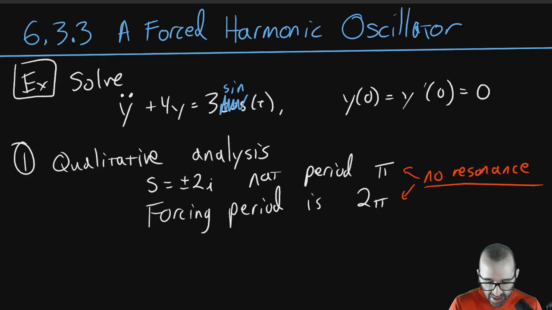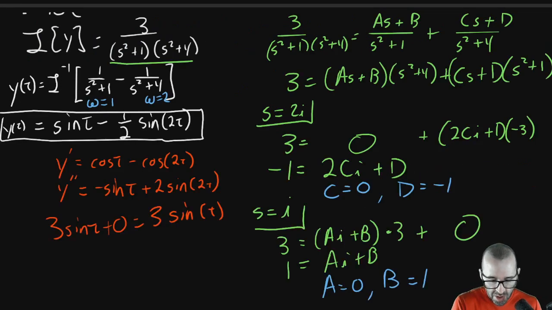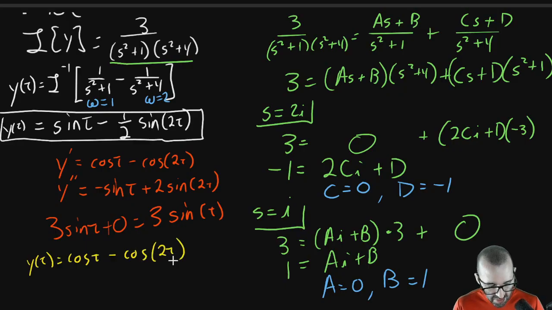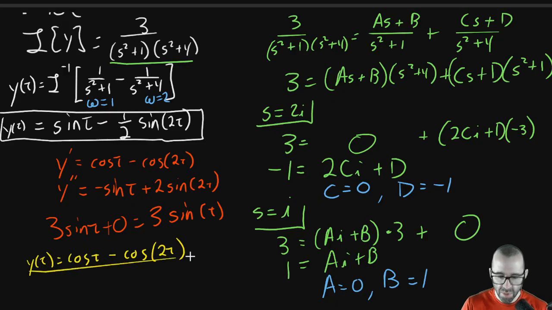In fact, the original answer, if you did do the problem by yourself, the original answer was y of t equals cosine of t minus cosine of 2t. So very, very similar answer if you don't write the problem down wrong. All right. So this is the answer to the original problem.